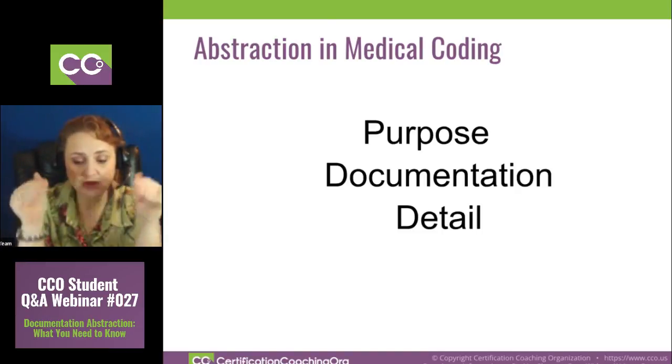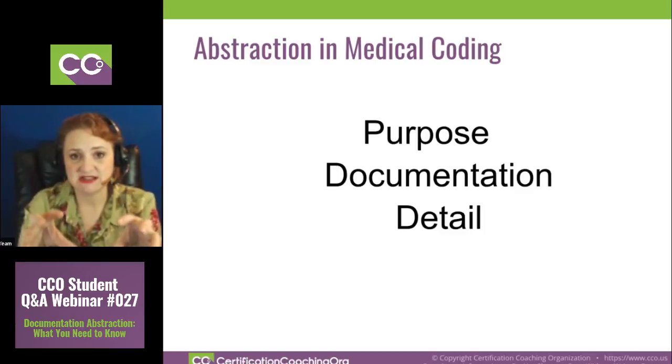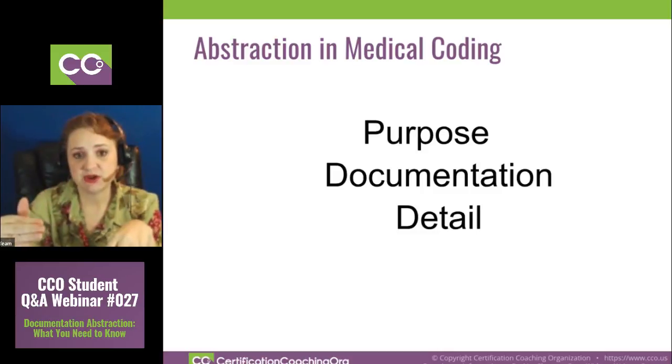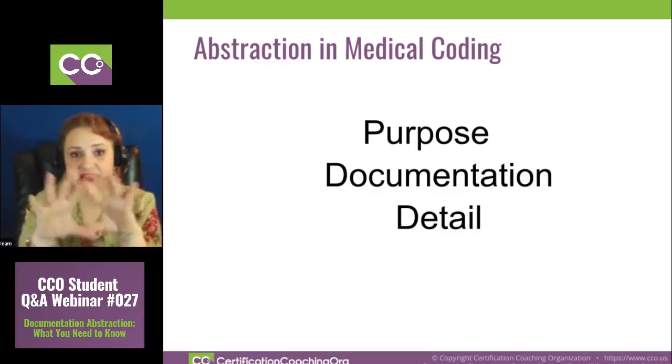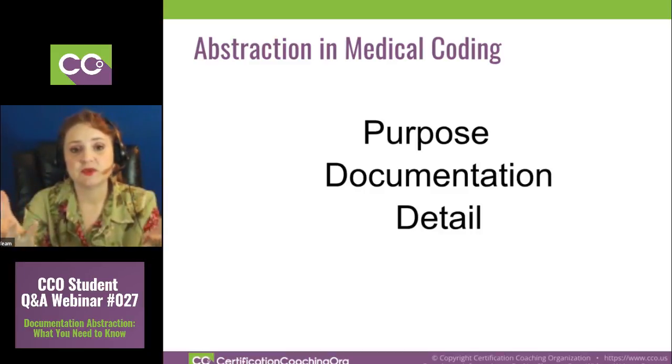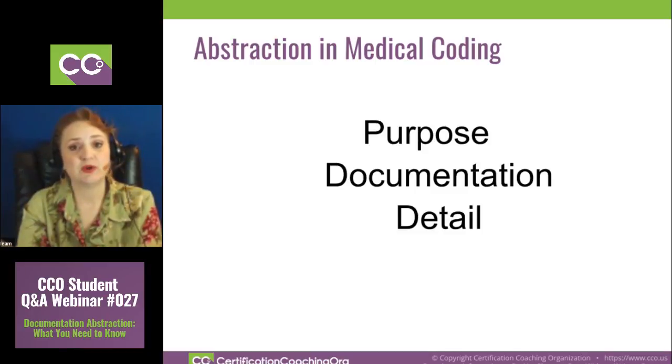Our brain is not looking for specific things differently. For the risk adjustment coder, the purpose is not necessarily why that patient was seen that day. It's, can I get any other chronic conditions that were noted? Are there comorbidities or something?